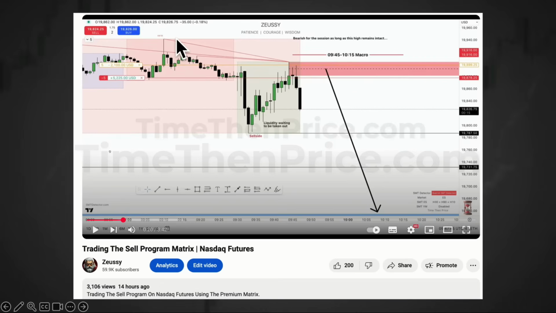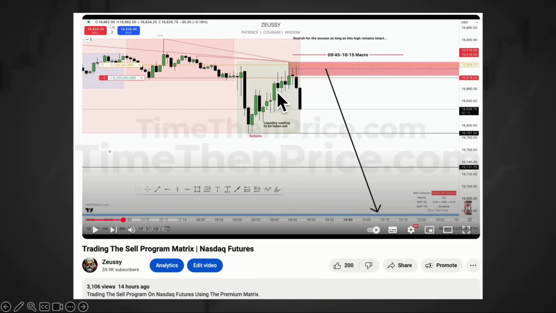On the chart, what you can see is that I was looking at shorting the Nasdaq. I was looking to trade Nasdaq towards the downside. The reason why was due to the fact that I anticipated that the market would likely expand towards the downside. My mentorship students knew that the draw on liquidity for this week was this blue shaded box on the downside, and that was my objective.